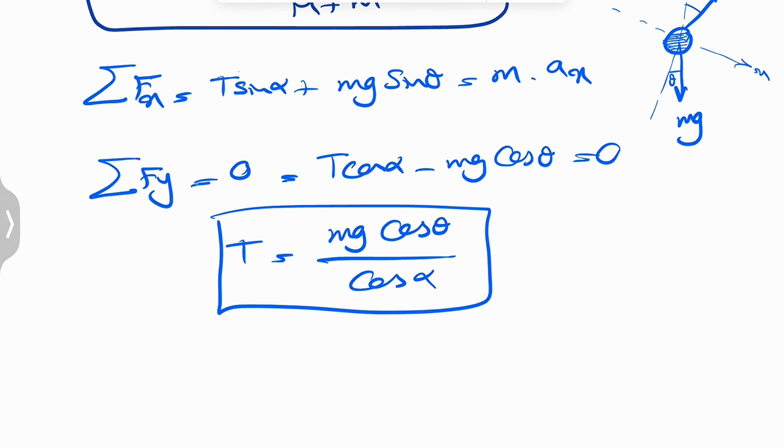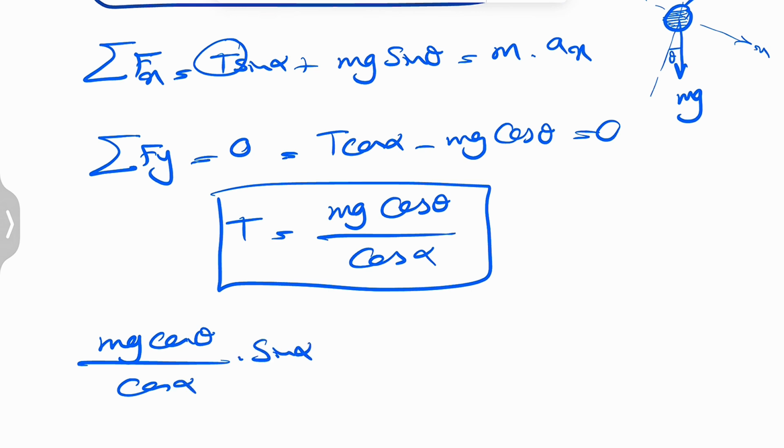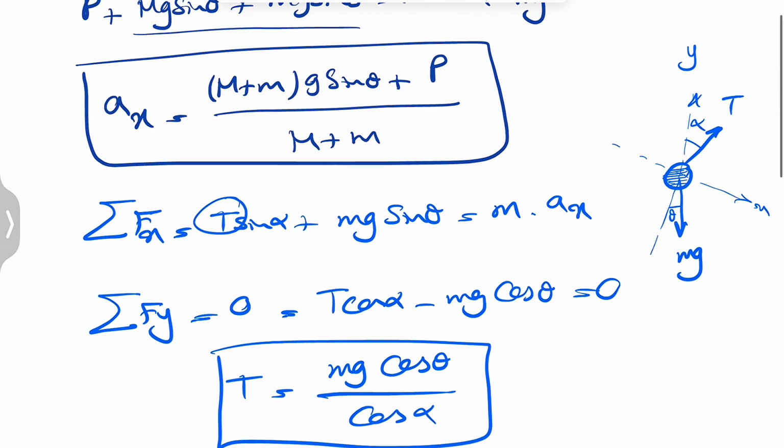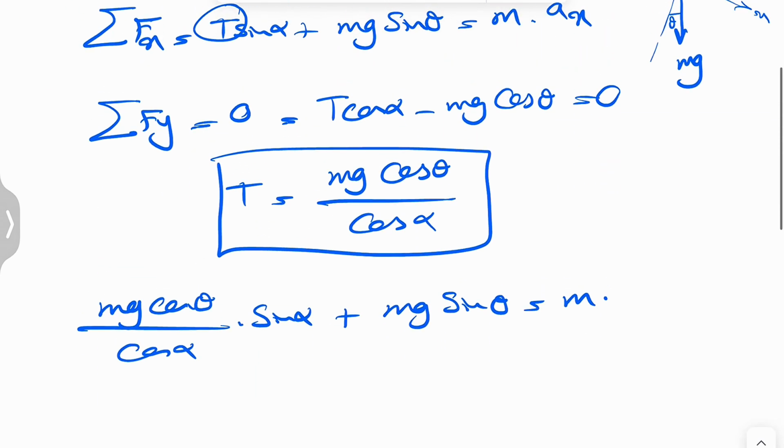So what we're going to do, we're going to plug this in the previous equation, instead of T here, to get rid of T. So basically we have mg cosine of theta over cosine of alpha times sine of alpha plus mg sine of theta equals to m. And for the ax, we're going to put what we found in the first step.